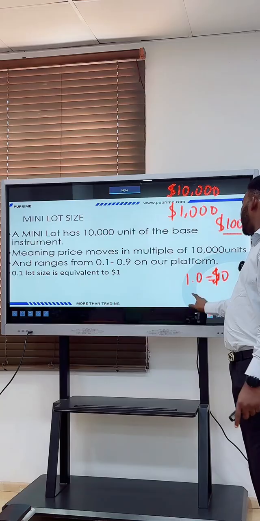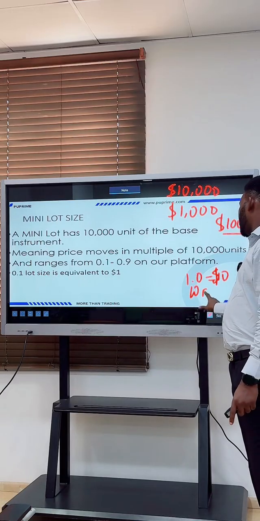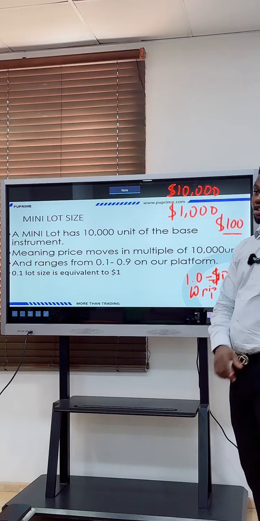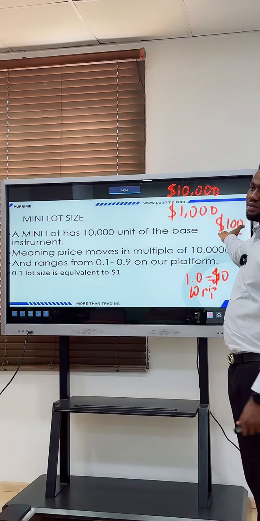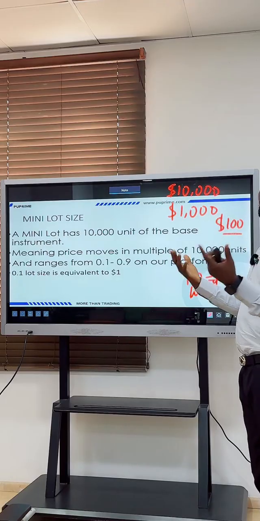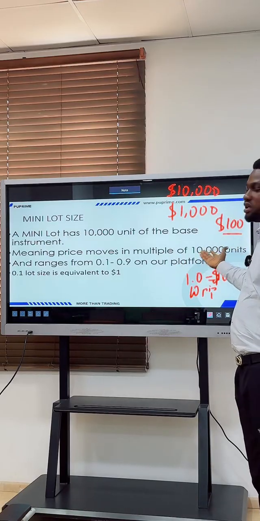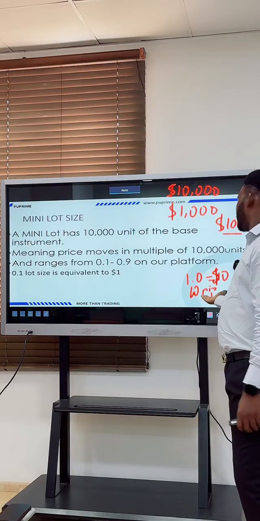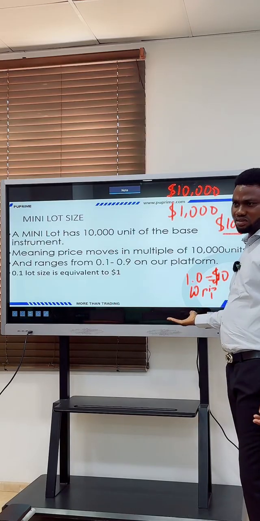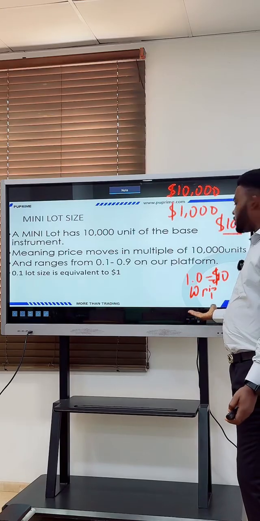So if you have a 10 pip movement, that is going to be $100. Imagine all the money I have in my account is $100 and I pick a trade with that risk. It's not wise.